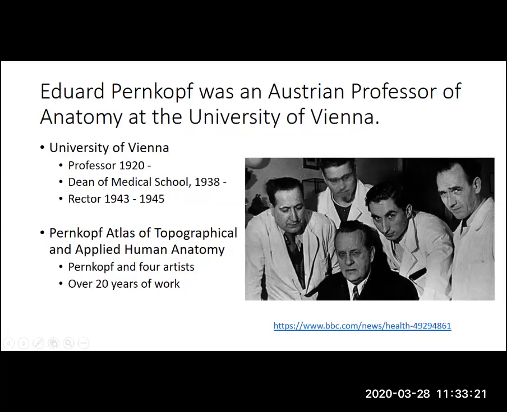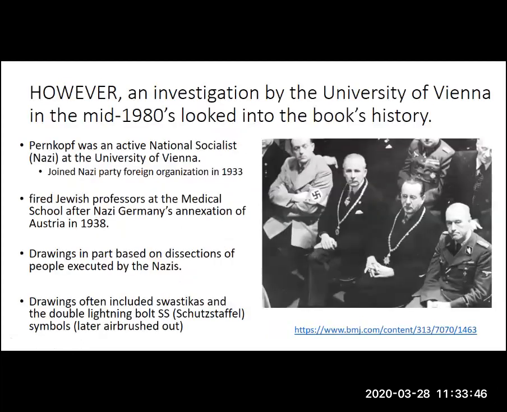They did lots of detailed dissections, and then the artist would look at the dissection and reproduce it in a drawing, which Pernkopf would then label. And so it resulted in this very precise and very specific atlas, which was published for an extended period of time.